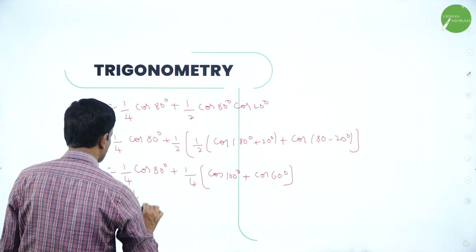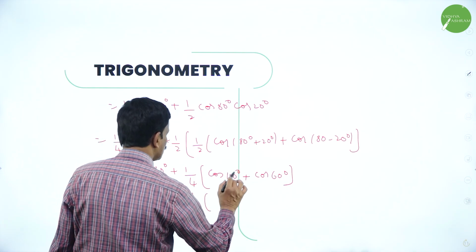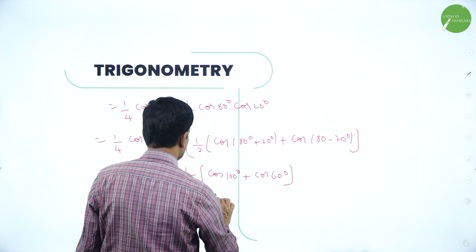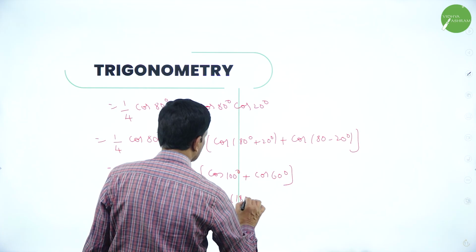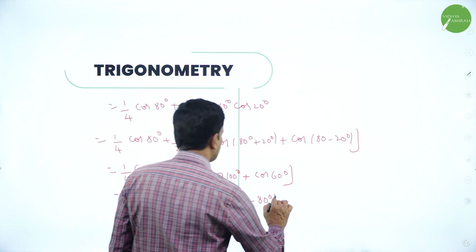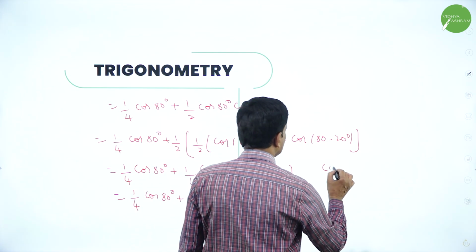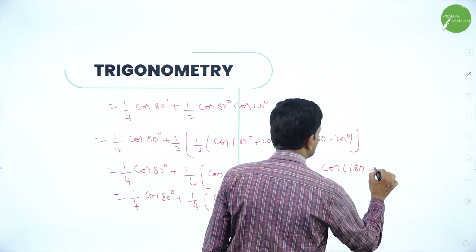So 1 over 4 times cos 80 degrees plus 1 over 4 into cos 100, which can also be written as cos of 180 minus 80, plus, you know what cos 60 is? Cos 60 is 1 by 2.